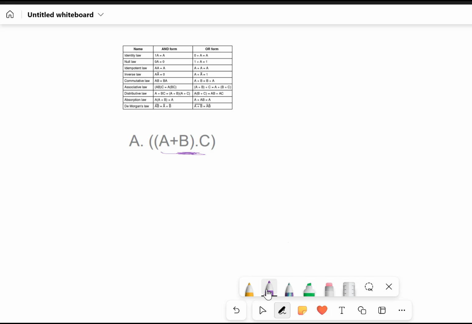Because this is basically the A, you could argue this is the B, and this is the C. And what this will equal is the A being put on both sides, so it's going to be something like this. And then we're going to have AC or BC. Don't know why I've done two brackets there. That was stupid.